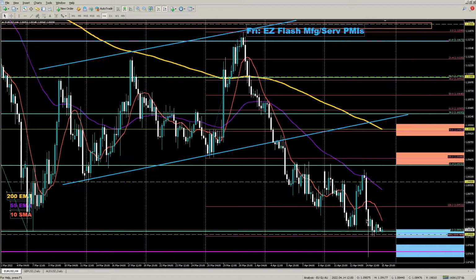The ECB did continue with their dovish tone. That's why the euro has dipped lower and tested this before it bounced back up to still close above the 108.00 level.